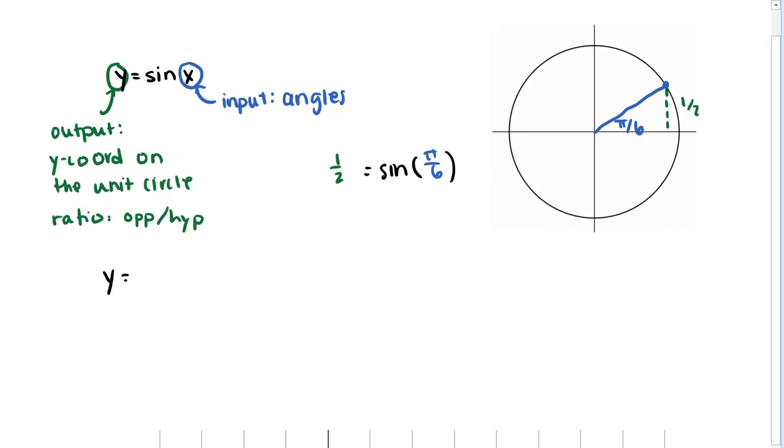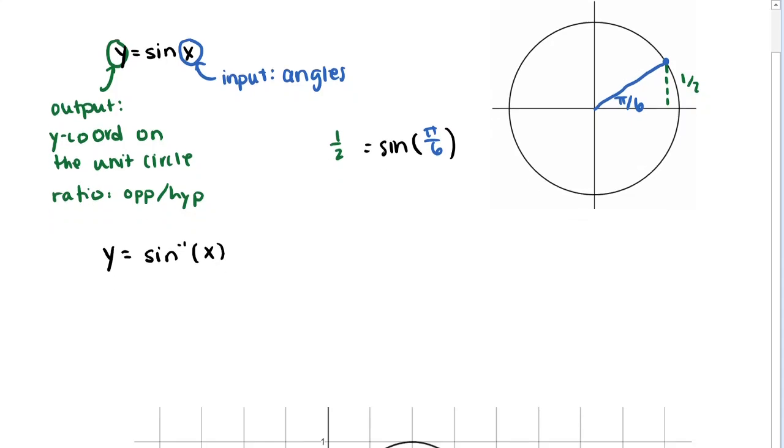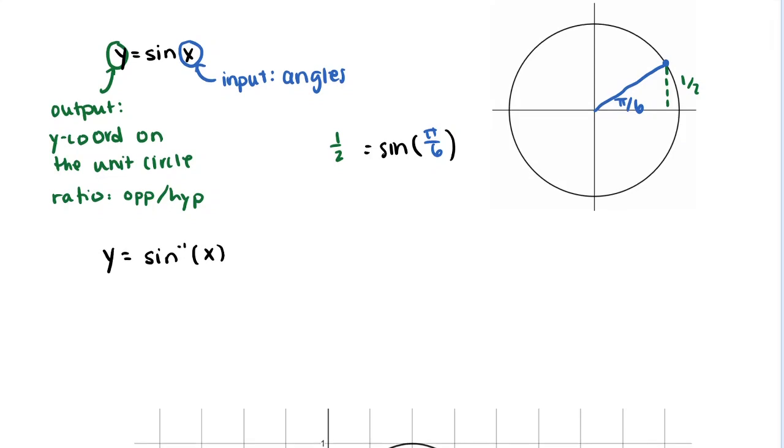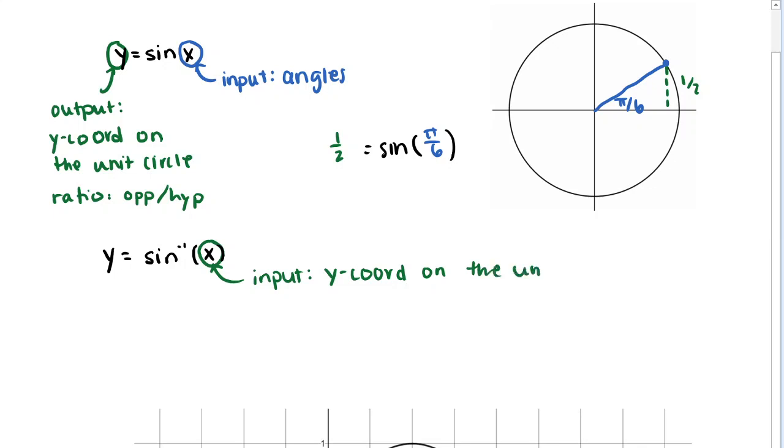And so if we try and define an inverse function to the sine function, if we started looking at something like y is equal to sine inverse of x, the idea is that the meaning of the inputs and the outputs should be reversed here. So the input to our sine inverse function should be the outputs of our original sine function. These should represent y coordinates on the unit circle, or ratios, opposite over hypotenuse.